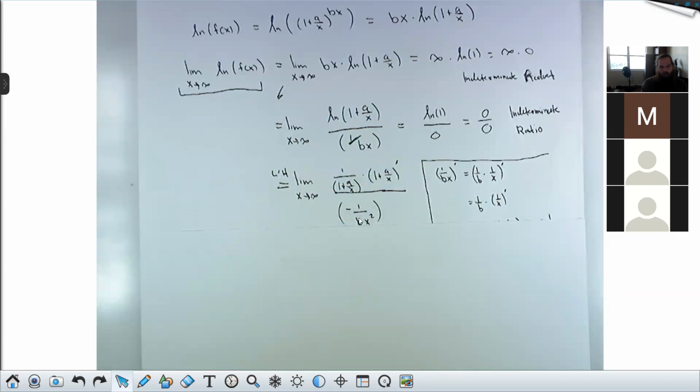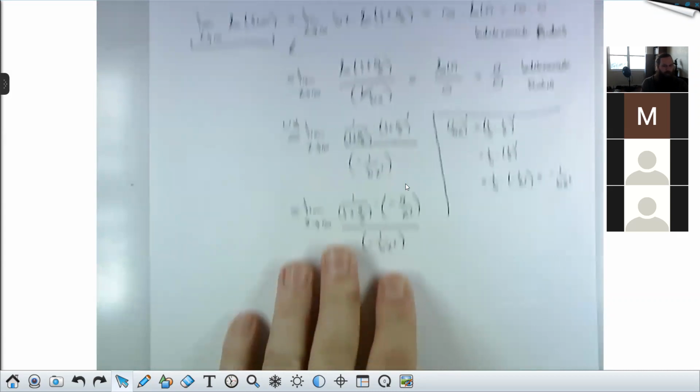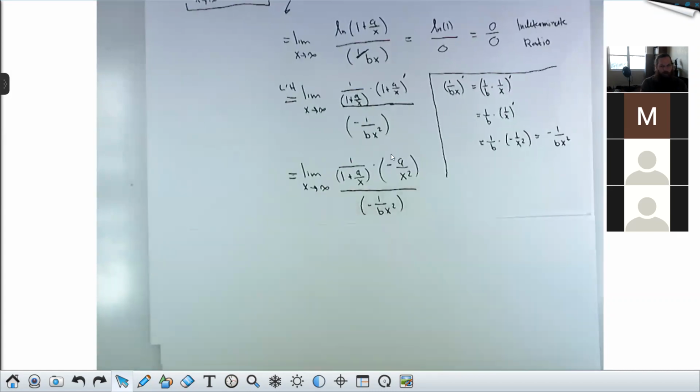That's not hard. That's negative 1 over bx squared. I finished my chain rule work upstairs, so that gets me this. And I recognize that I've got something over x squared upstairs and something over x squared downstairs. So I know there's going to be some cancellation. So I move forwards to do some algebra.